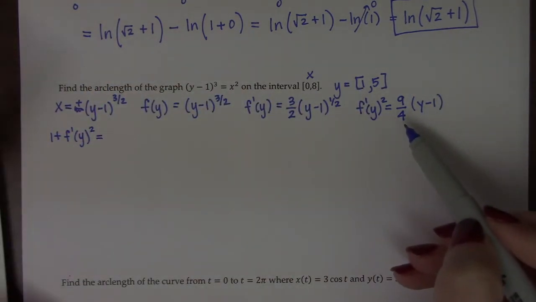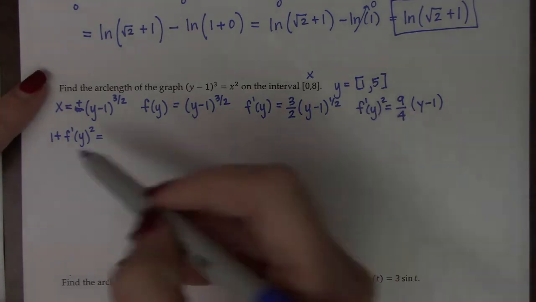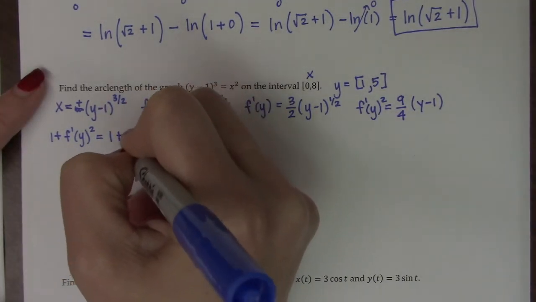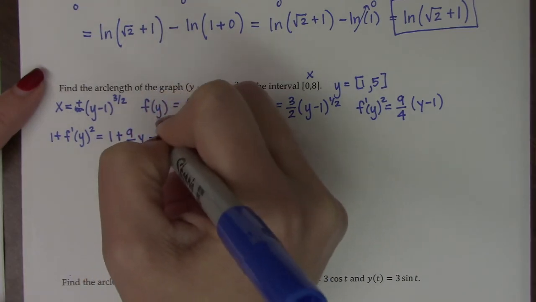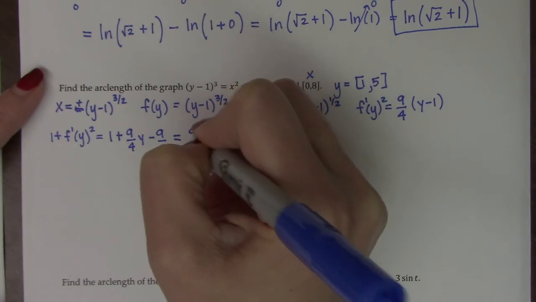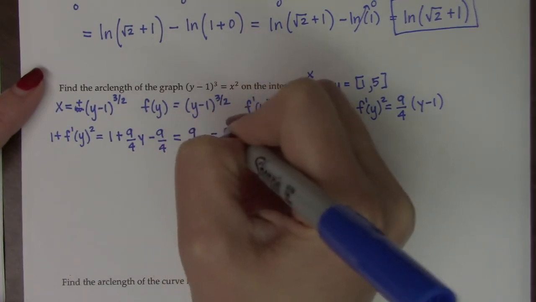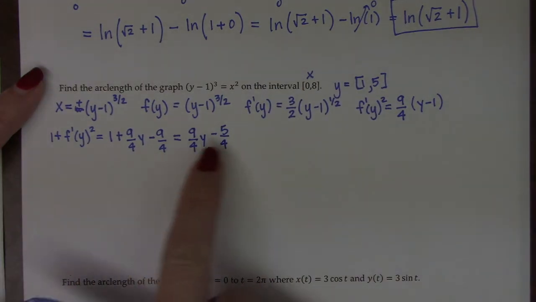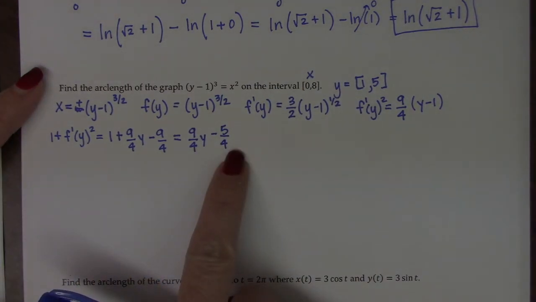I'm going to distribute my 9/4 across when I add this up. So I'm going to have 1 plus 9/4 y minus 9/4, and that simplifies into 9/4 y minus 5/4. So 1 minus 9/4 is negative 5/4.